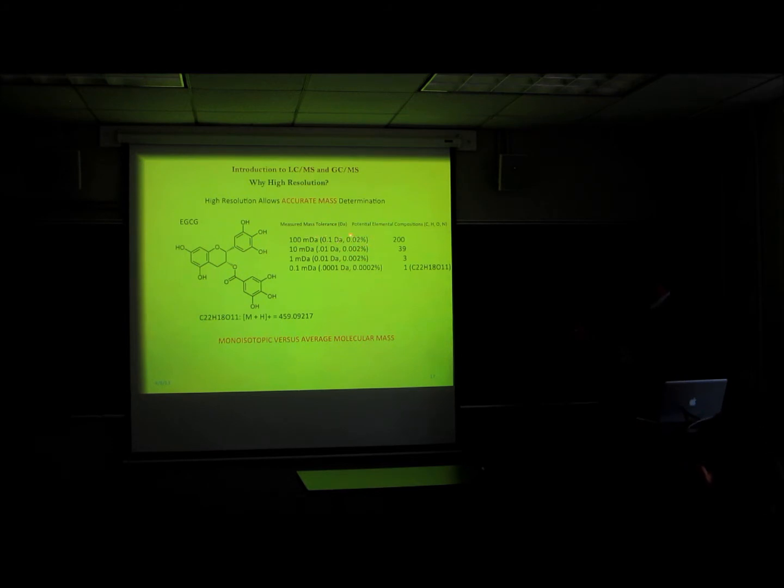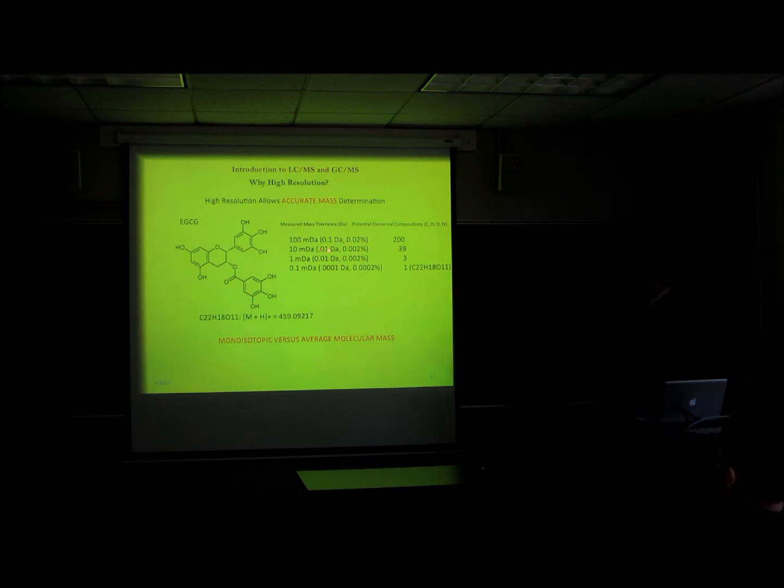And if you do a database search on an M plus H plus ion that's 459.1 plus or minus 0.1, you'll get over 200 hits of compounds containing carbon, hydrogen, oxygen, and nitrogen for something measured with that level of mass accuracy.